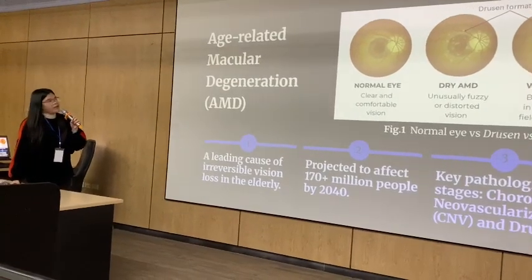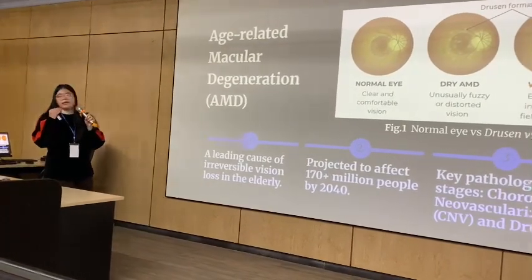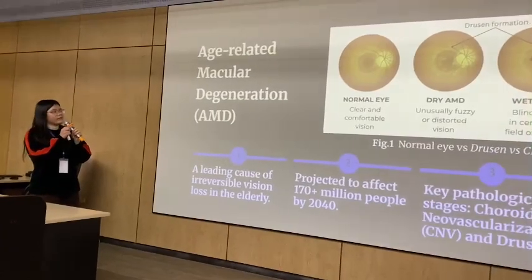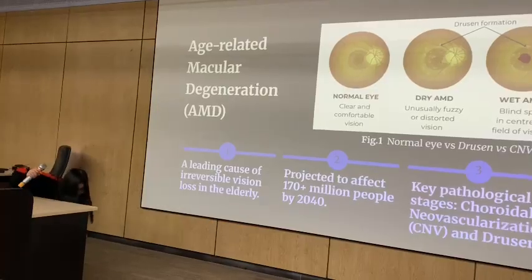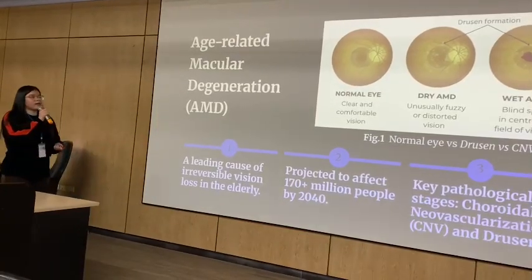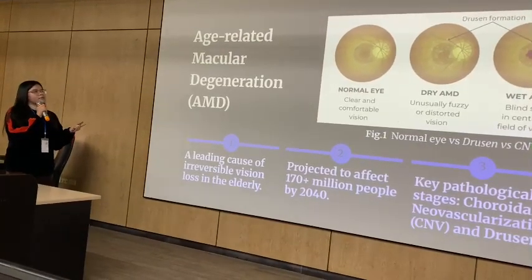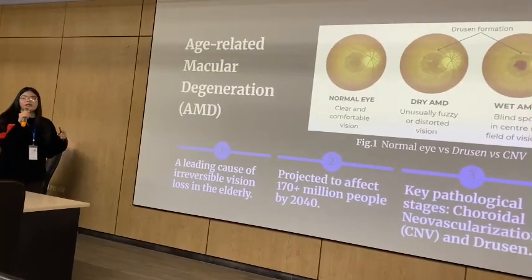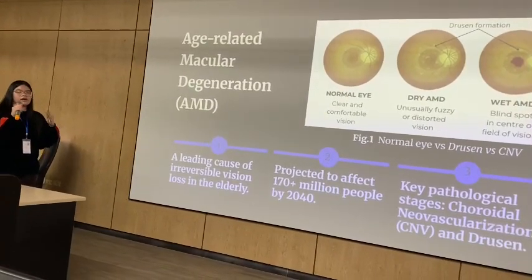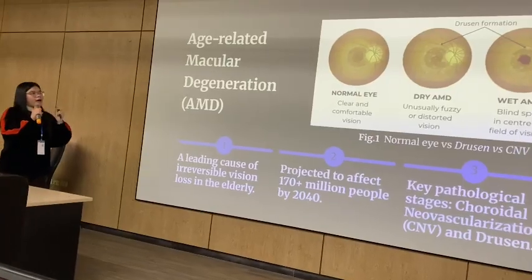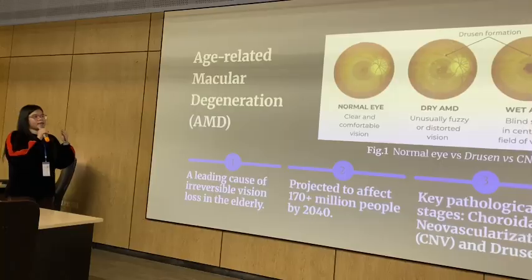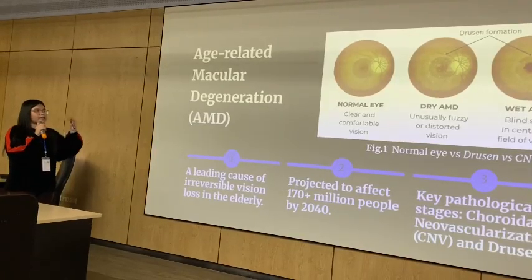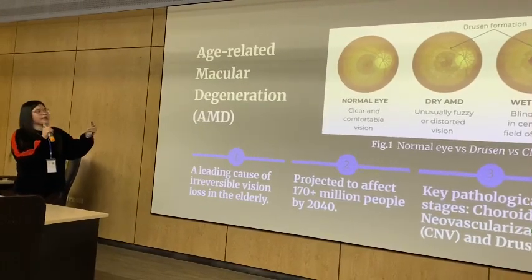In this stage, you're going to have a blind spot in the center of the field of vision. Why do we call it wet AMD? Because in this stage, abnormal blood vessels form, and then they leak fluid. The fluid that leaks creates the kind of blind spot that you can see in the picture.